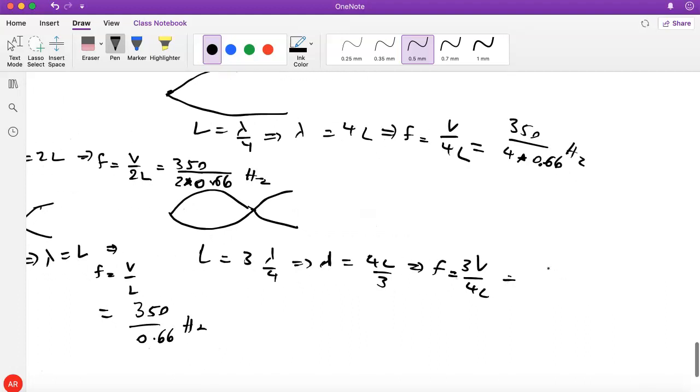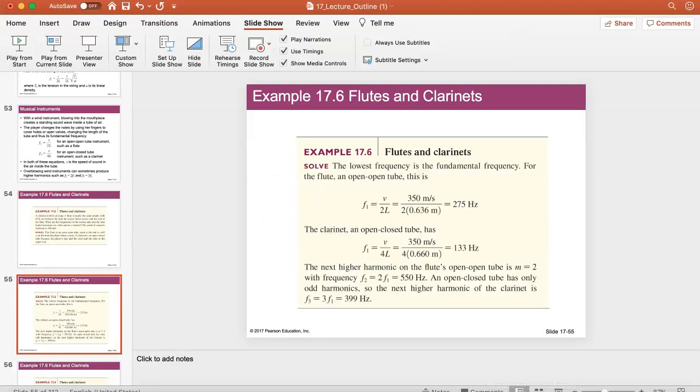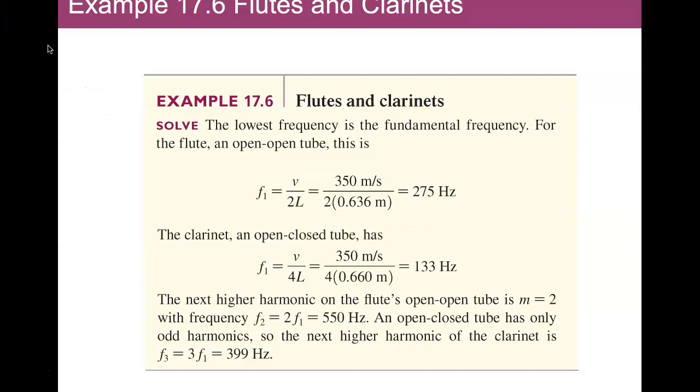And this is 3 times 350 over 4 times 0.66 in hertz. All right, so let's take a look at the solution here, which has the numbers we would get from a calculator. So yeah, for f1, for open, we have v over 2L. In this case, we have v over 4L. Yeah, those are the numbers.